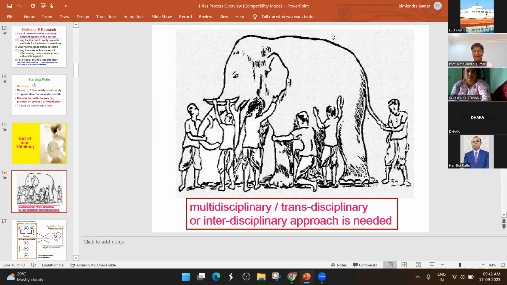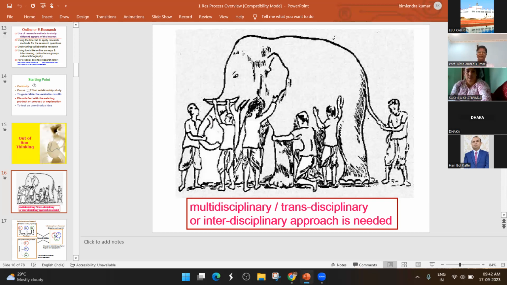In that way, people say this is how multidisciplinary or interdisciplinary research is done. If the ideas of the six persons are taken together, then there will be an outcome. So in that way, research can nowadays be taken as multidisciplinary or interdisciplinary.